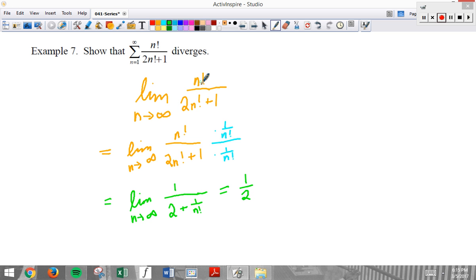And again, you could just say, oh, the highest power, quote unquote, matches, so it's 1/2. This is really what's going on. So since this limit equals 1/2, and 1/2 is not 0, I get diverges by the nth term test.